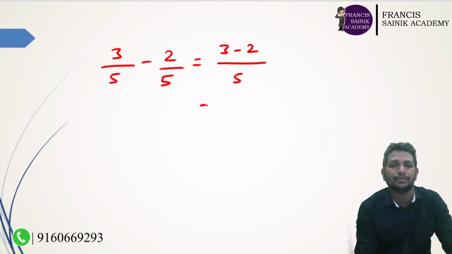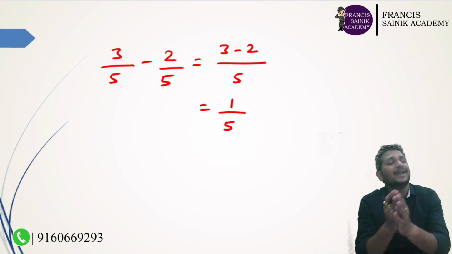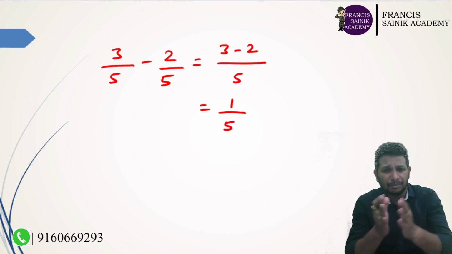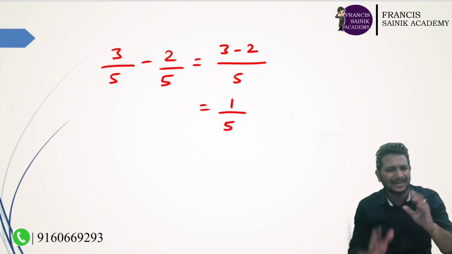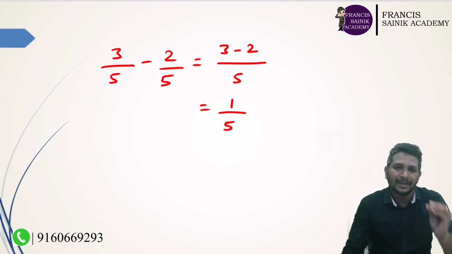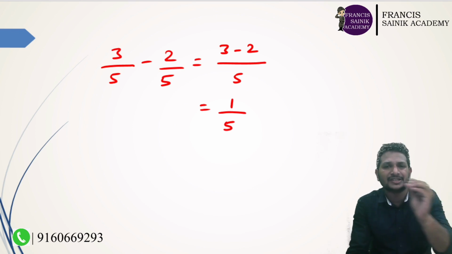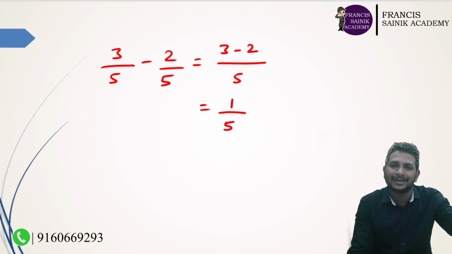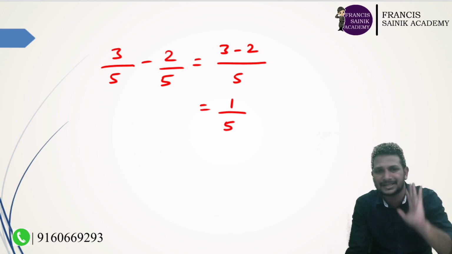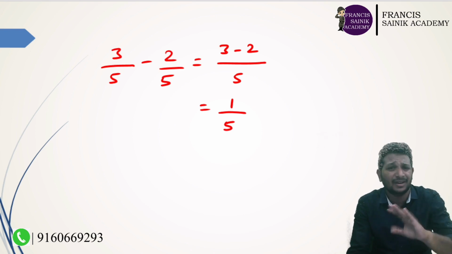So 3 minus 2 becomes 1 by 5. This is the way we do subtraction also, the same process as addition. Over there it's plus, over here it's minus, nothing other than that. For like fractions, addition and subtraction is quite simple: write the denominator as it is and do either plus or minus on the numerators, according to addition or subtraction.